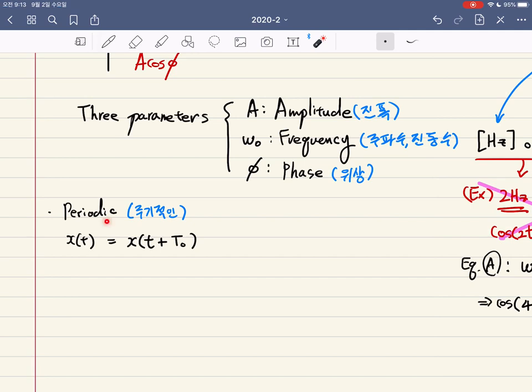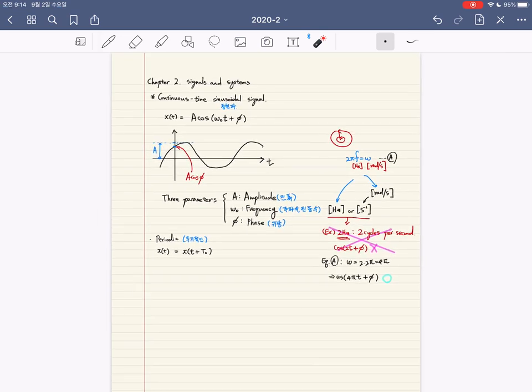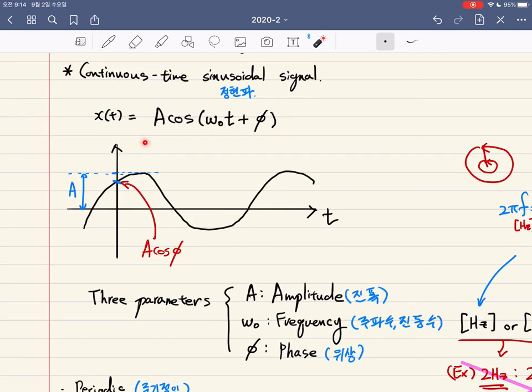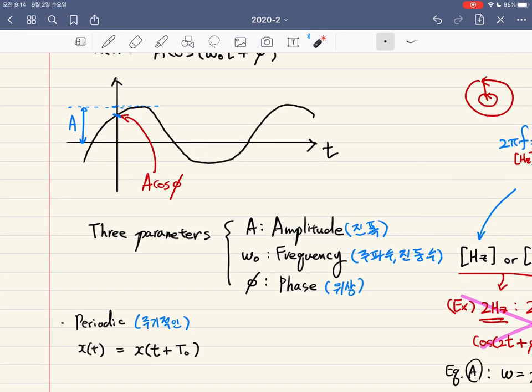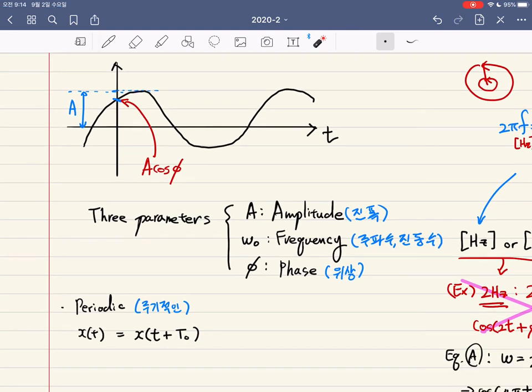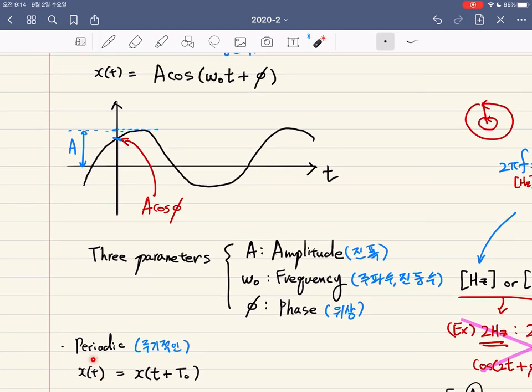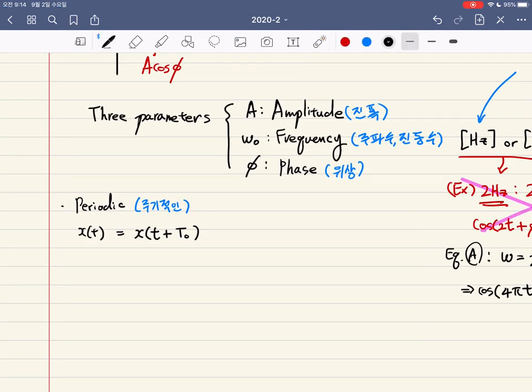And the periodic refers to this equation, and if you put this equation into our sinusoidal signal equation, then the left-hand side is just this one, so it goes like this.